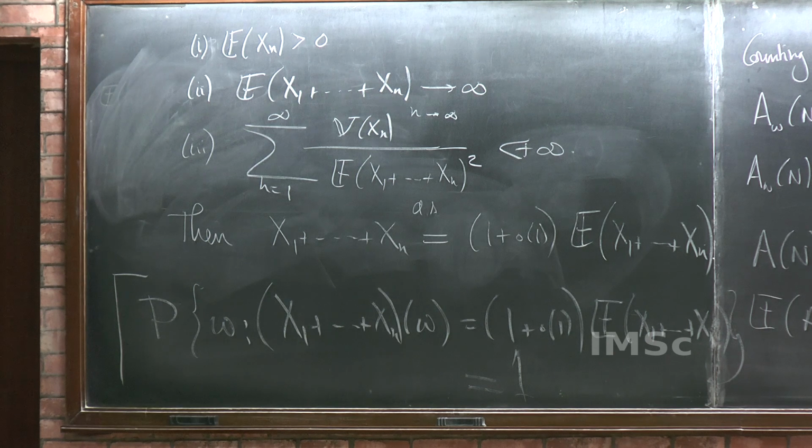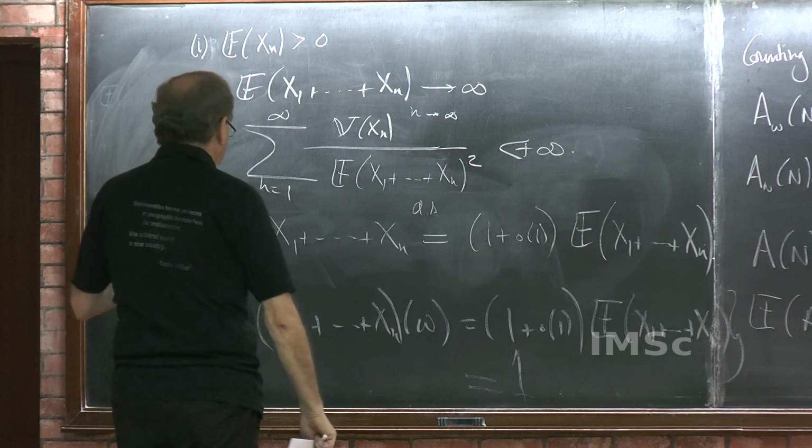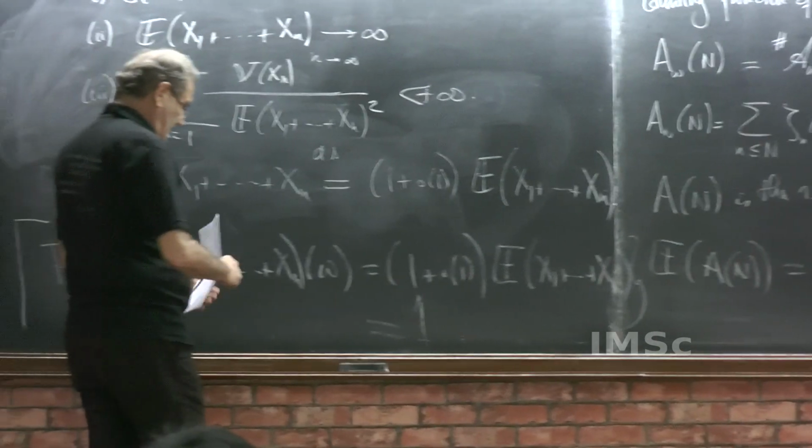When you look at this horizontally, when you look at your sequence in the value of n, the counting function is almost always asymptotic to the expectation. This is the right thing we want to see. And the condition is not very complicated.